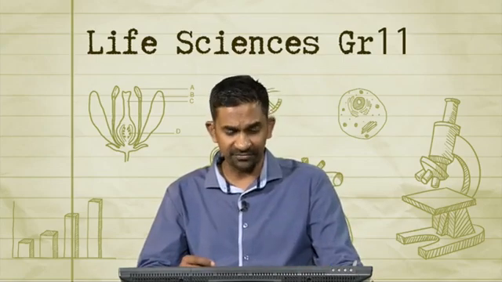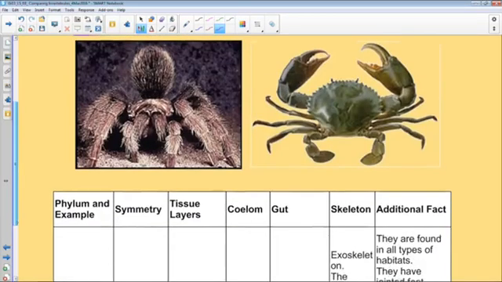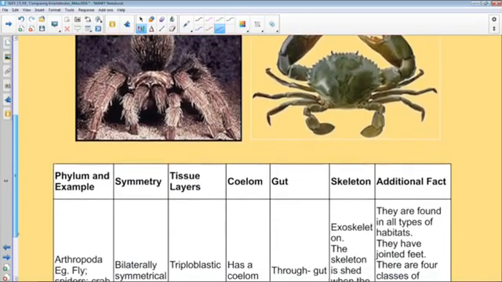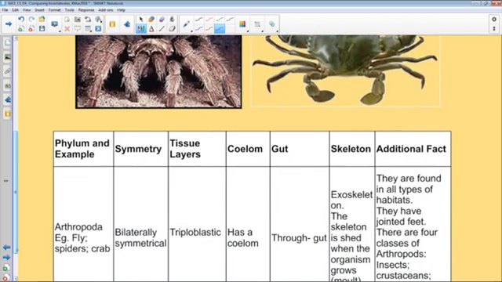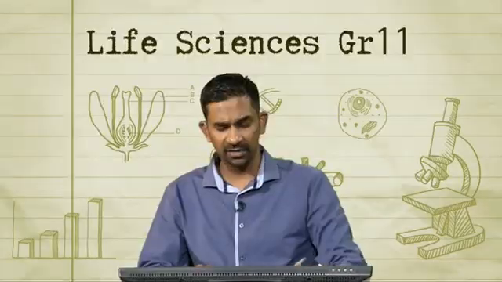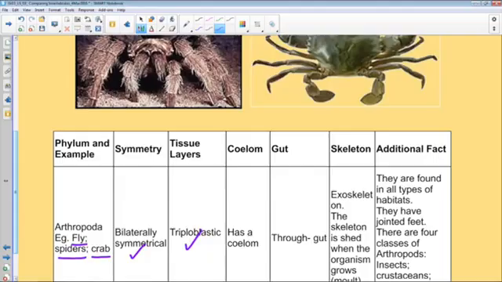So some of your creepy friends are here, and these are the spiders, and here we've got an image of a crab. So you've got flies, spiders, crabs. Most of the insects that we see all belong to the group Arthropoda. These are bilaterally symmetrical, and again we see this characteristic being carried on. Triploblastic, having 3 germ layers from an embryonic stage. They have a distinct coelom, a body cavity, a through gut system, so an oral opening.